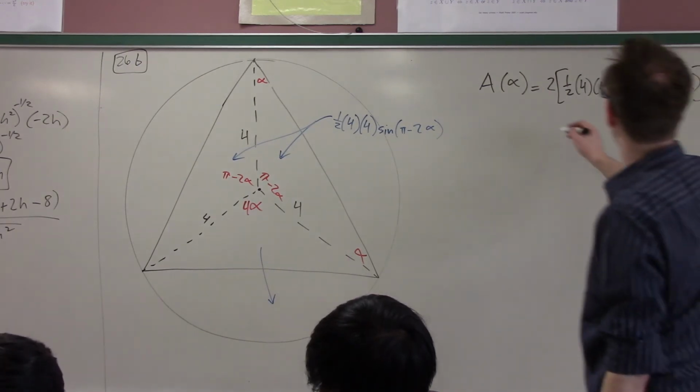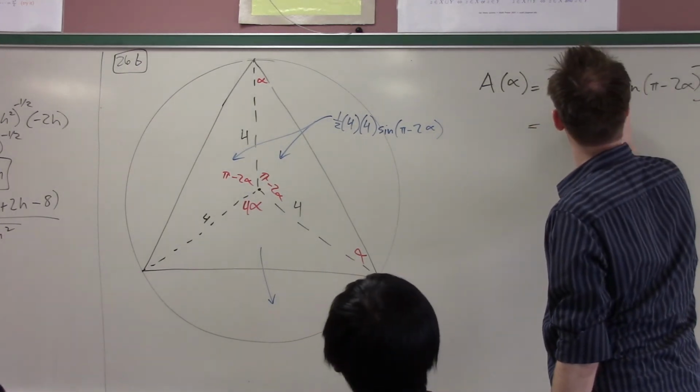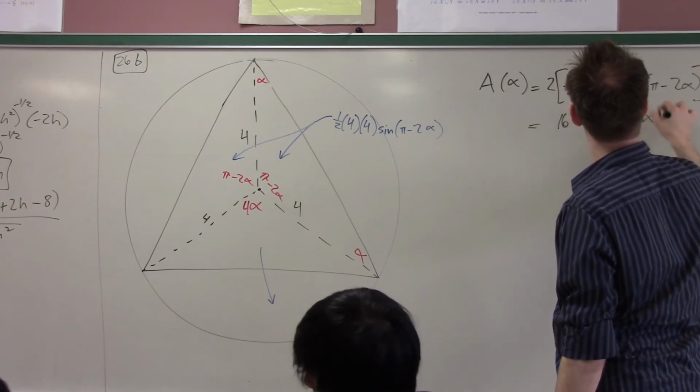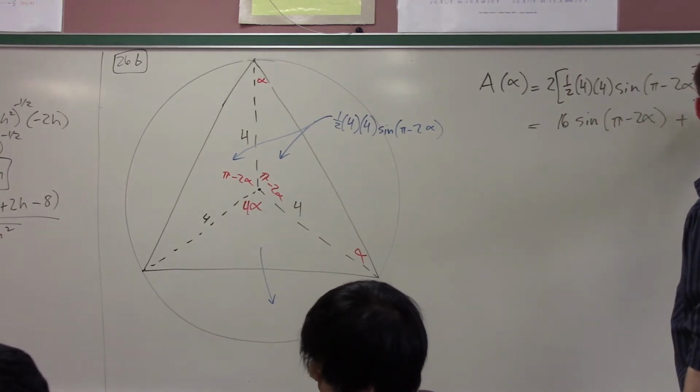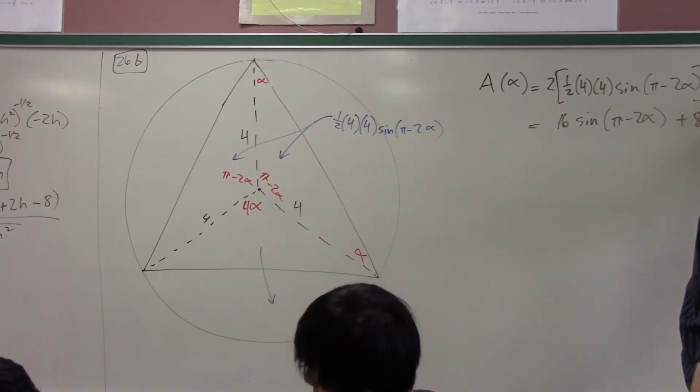So this is 16 sine pi minus 2 alpha plus 8 sine 4 alpha.